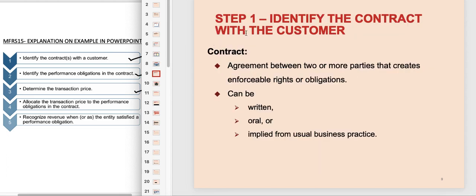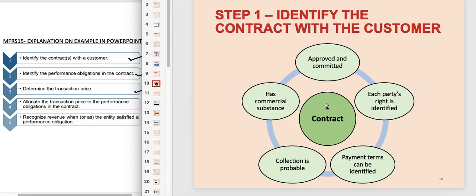So step 1, you need to identify that the contract actually exists. The contract can be written, oral, or implied from usual business practice, and it is an agreement between 2 or more parties, that is between the entity and the customer, that the entity will provide goods or services to the customer.